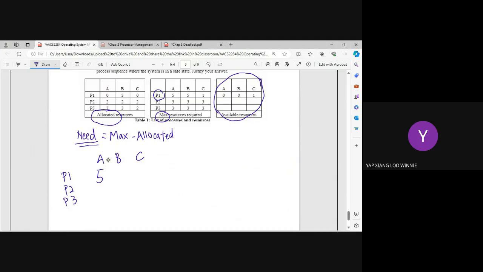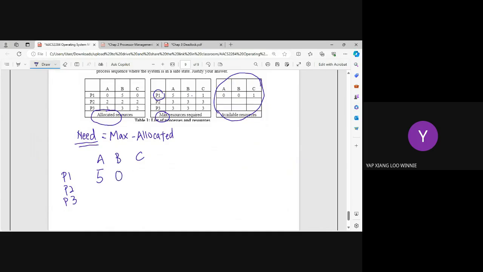Still 5A missing. Now for process 1, in order to complete, they need 5 instances of B, or we say 5 resources from B. But I already allocated 5 resources to B already. So 5 minus 5, you need 5, I already gave you 5, so you don't have to add another B. So you get a 0 here.